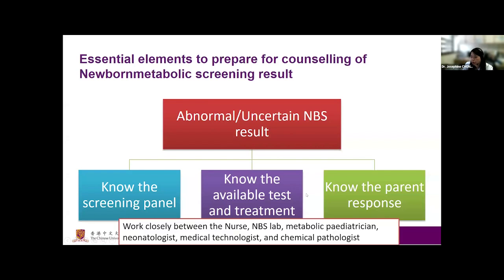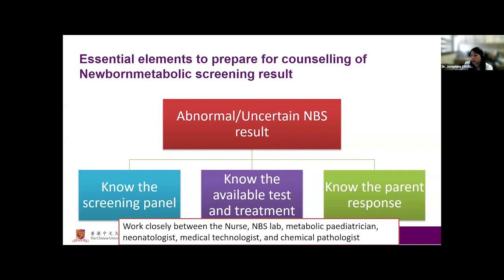So a successful newborn screening program is not just a test. It's really a program that relies heavily on a close collaboration between the nurses, the newborn screening laboratory, the metabolic physician, neonatologist, and also the chemical pathologist.